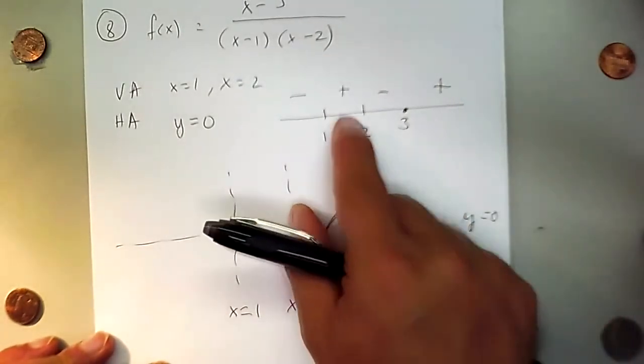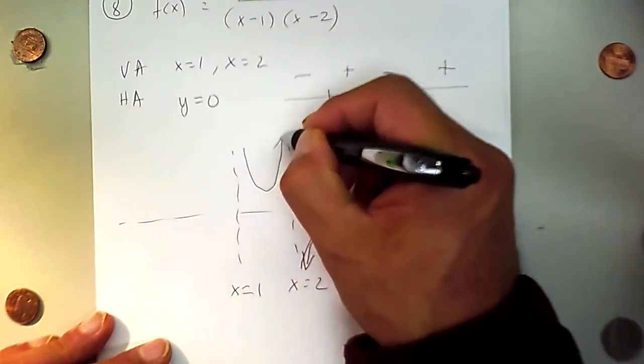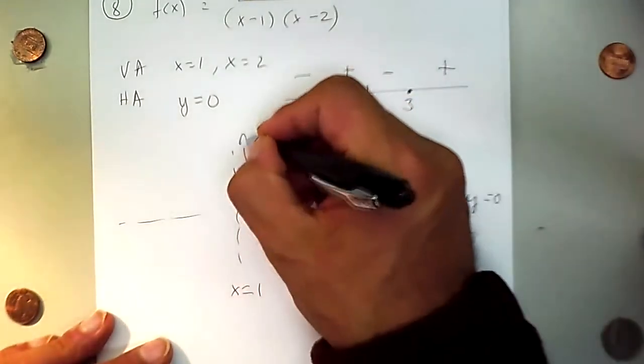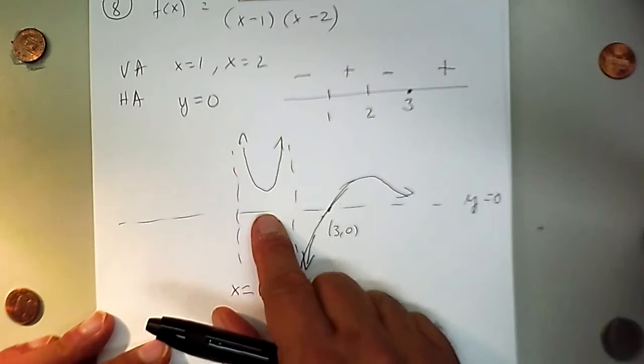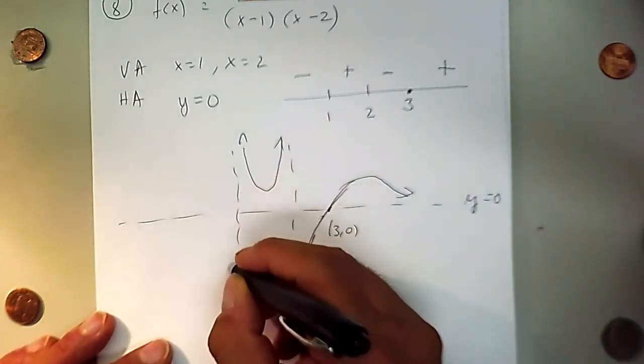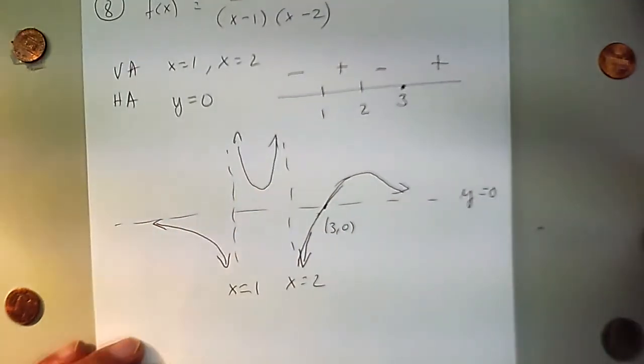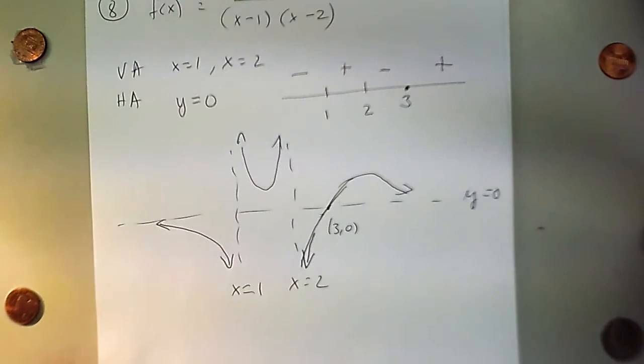Between 1 and 2, the graph is positive, so we have a U. And we don't touch the x-axis because there's no x-intercept. To the left of 1, the graph is negative. And voila, there we have it.